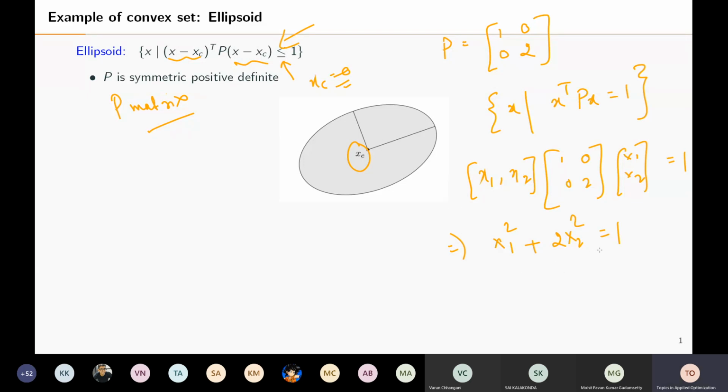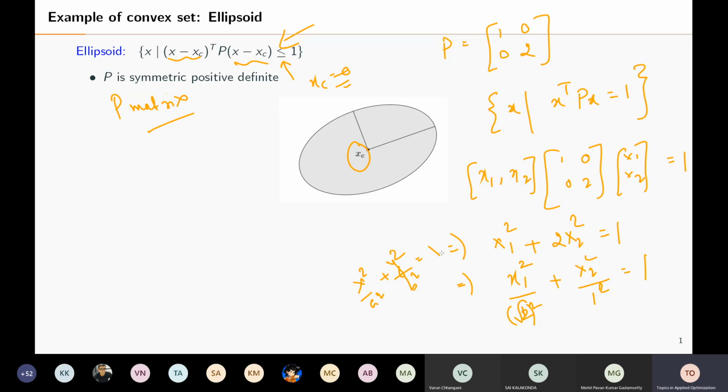So this is an ellipse, right? Because the standard form, if you recall, of the ellipse is x1 square by 1 square plus x2 square by square root 2 square... So this is of the form x square by a square plus y square by b square equals 1.